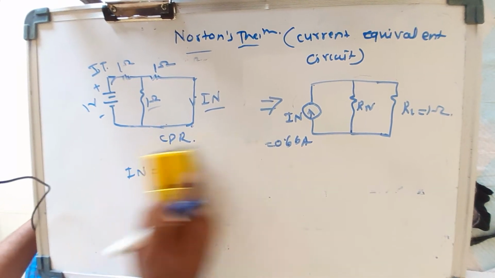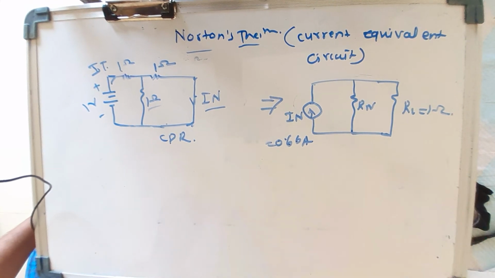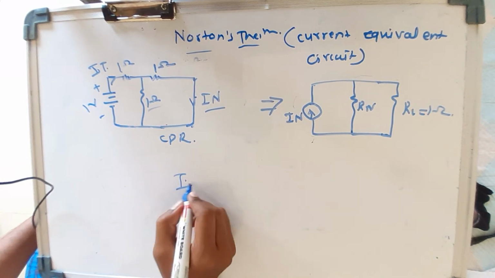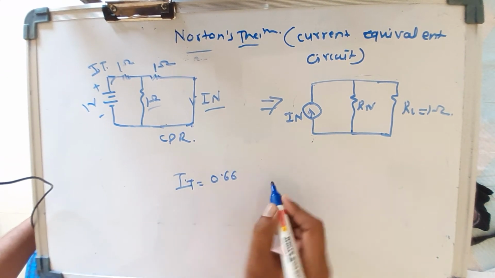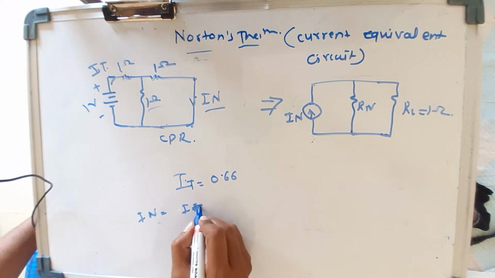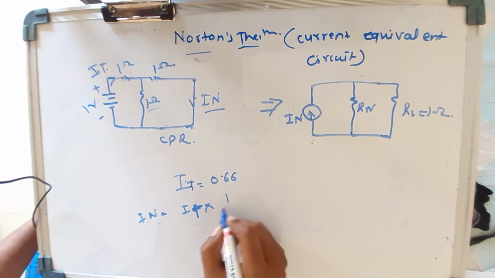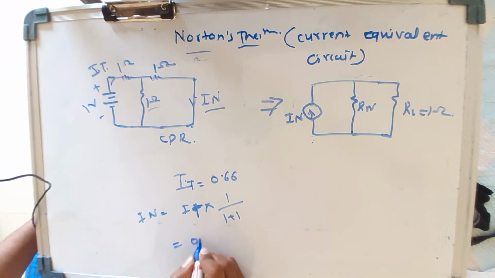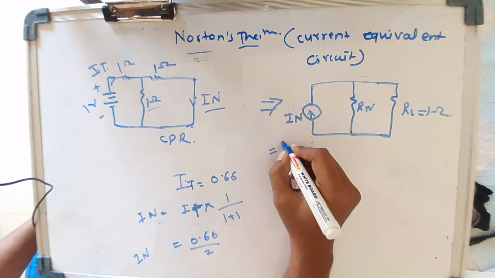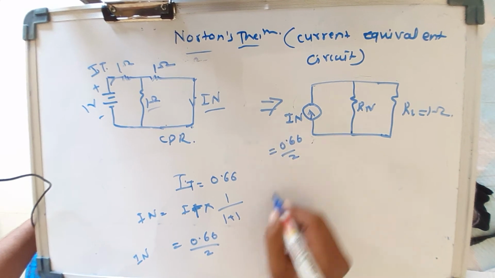Now this is I_T, 0.66. So I_N equals I_T into 1 over 1 plus 1, so 0.66 divided by 2 gives I_N.